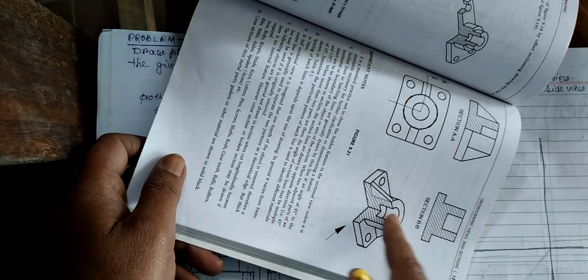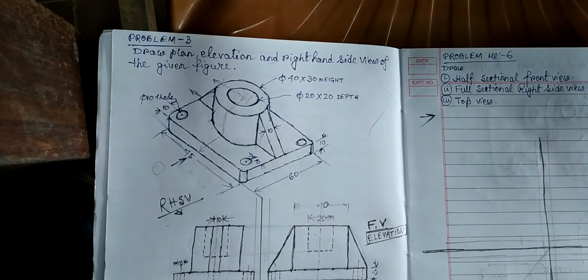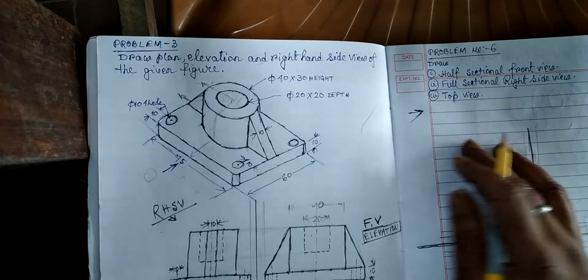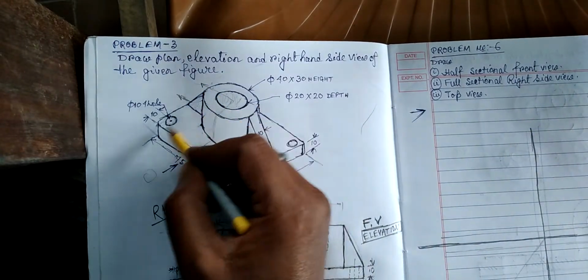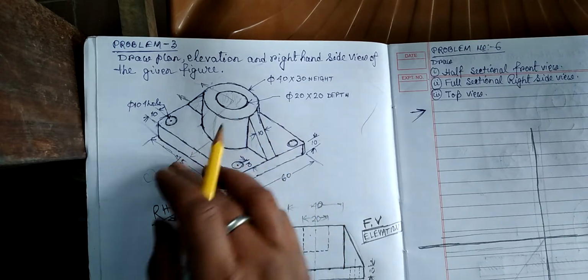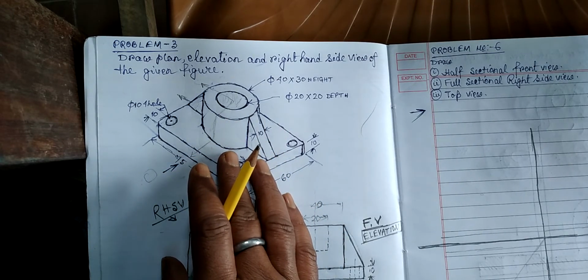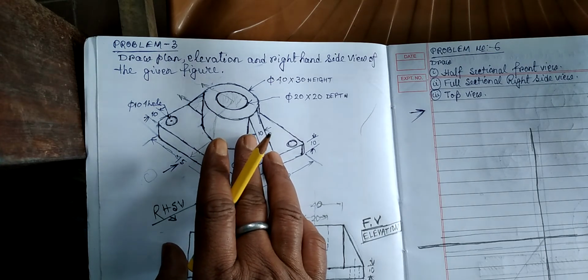We have to remove 1/4 of the object, and whatever we see after cutting, we have to draw in our drawing. So half sectional front view means we remove this portion after cutting, and we draw whatever we see after cutting. Understand? So this is our half sectional front view.